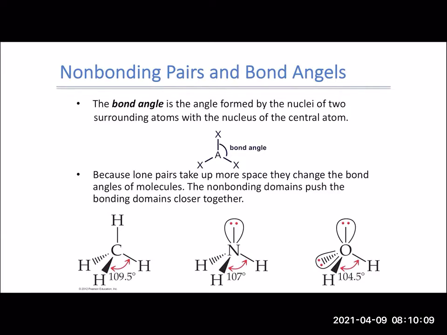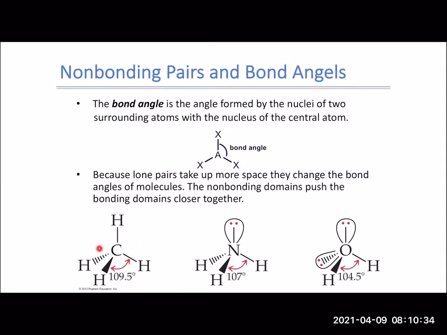Our bond angle is formed between 3 different atoms, our top one, our central atom, and another outer atom. Between these 3 atoms, we come up with our bond angle. And so because the lone pairs take up a little more space, they're actually going to squish down those hydrogens and make them go a little closer.